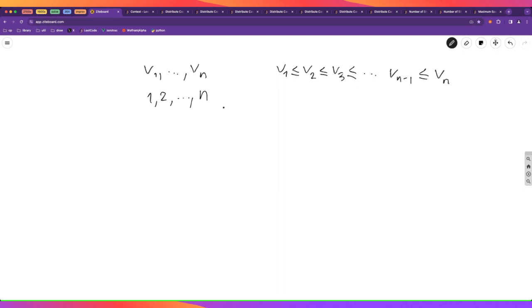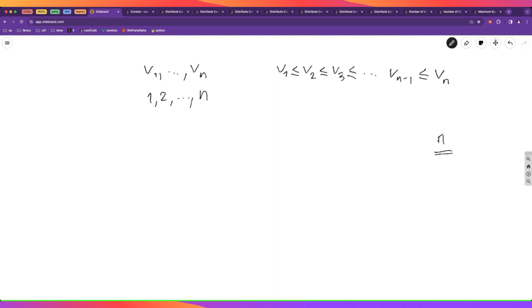Okay, so let's start pairing values. So if we have n, you can think about it in terms of money, which makes it more intuitive, but we want to take n times some of these values.